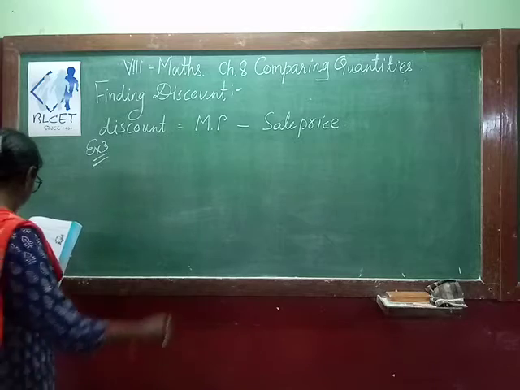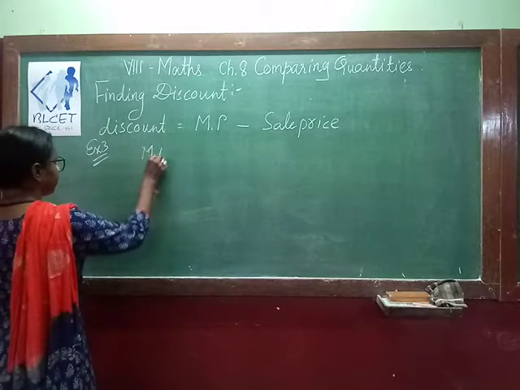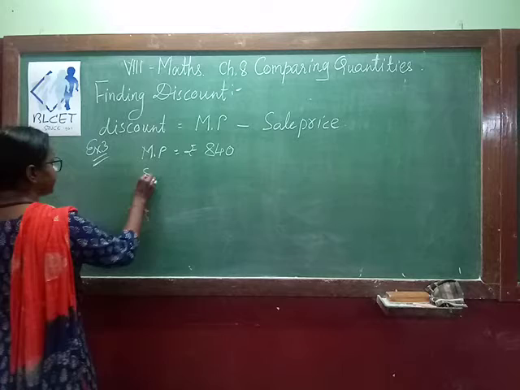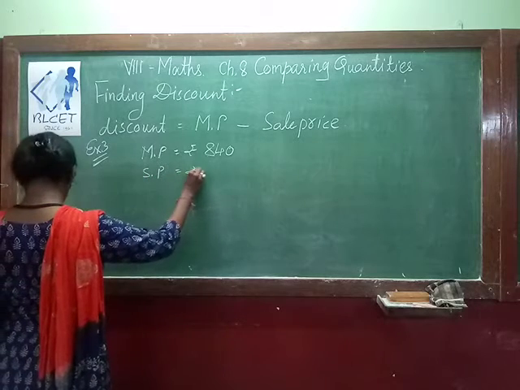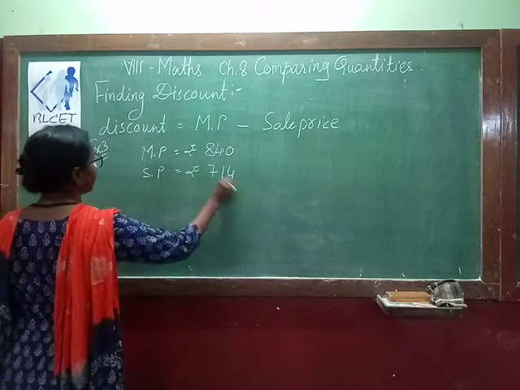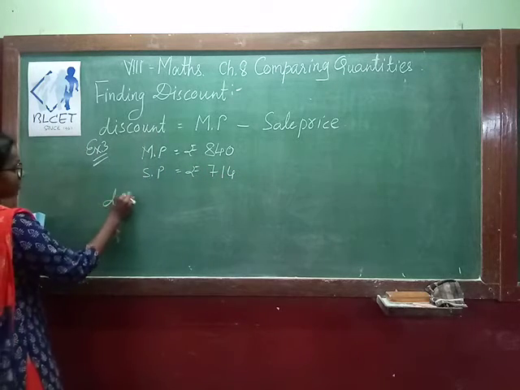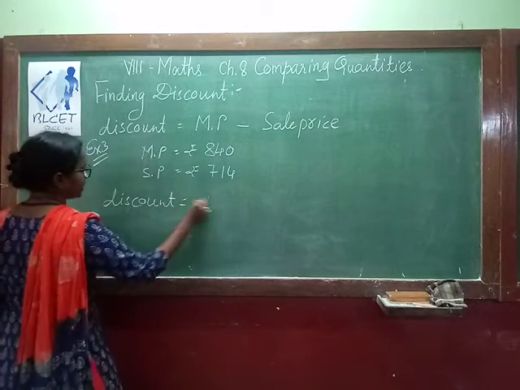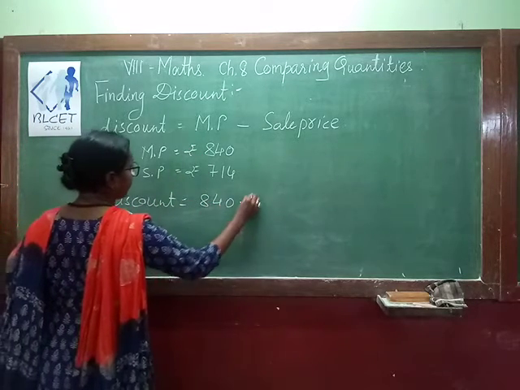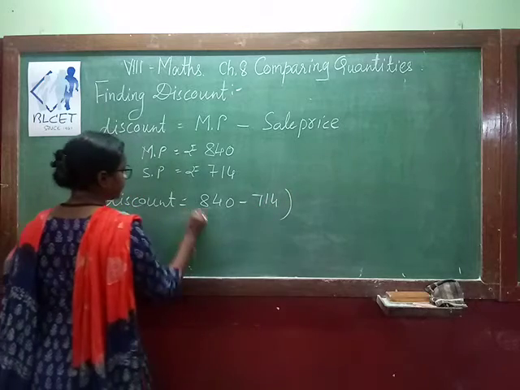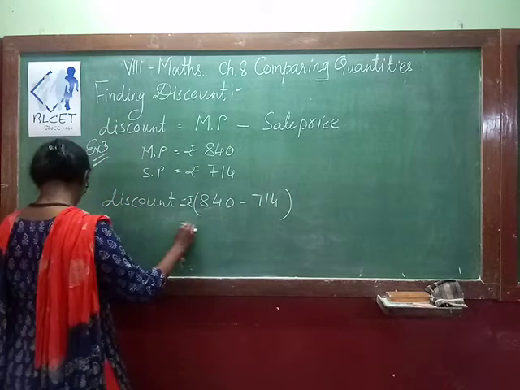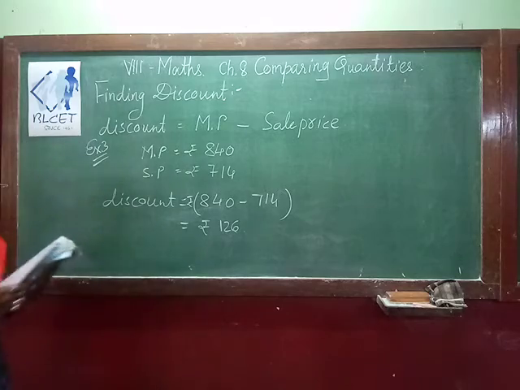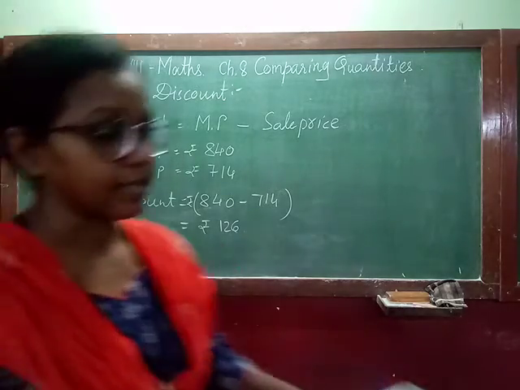The mark price is equal to rupees 840 and selling price is equal to rupees 740. So what is the discount? Discount is equal to whatever mark price, that is 840, minus selling price, that is 740. So what is your answer? Rupees 126. This way we can find the discount.